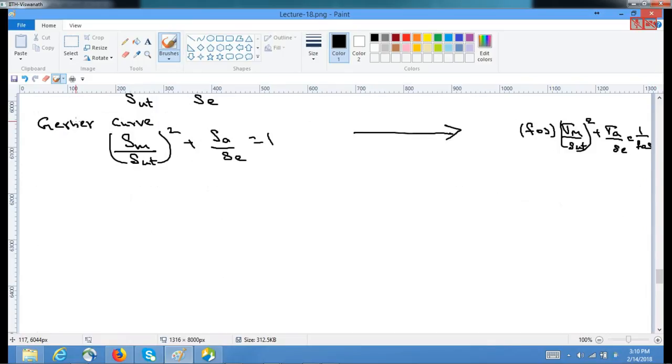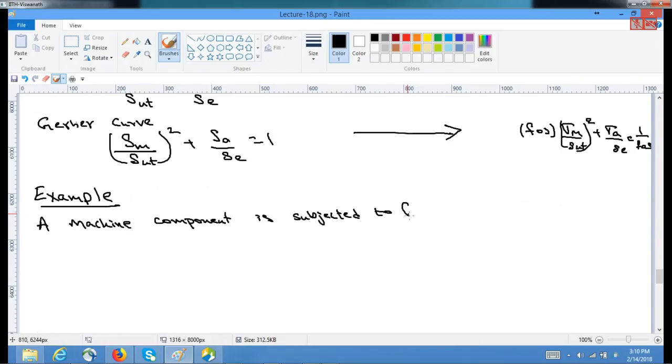So for example, a machine component is subjected to fluctuating stress that varies from 40 to 100 Newton per mm square.